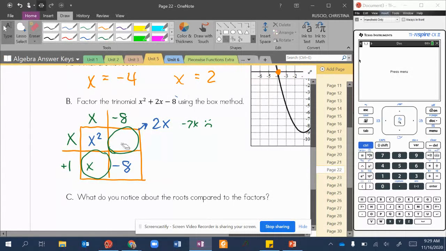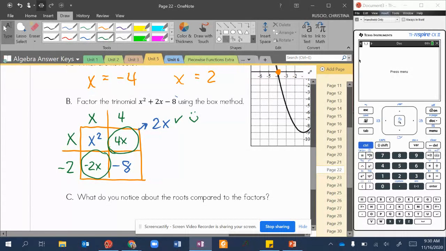All right, so I got really excited and just found out that I was wrong. So what we want to do now is try to figure out these two numbers so that they multiply to negative 8 but add to 2x. What two numbers could those be? If you're thinking 4 and negative 2, I think you're a winner, because negative 2 times 4 is negative 8, and then we have a negative 2x and a positive 4x adding to 2x.